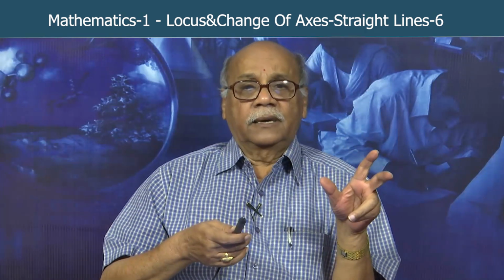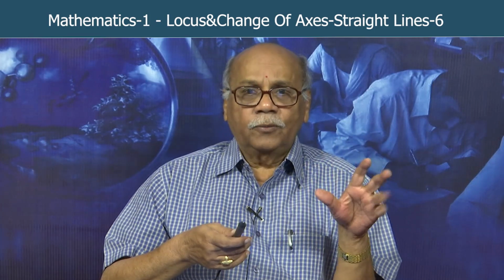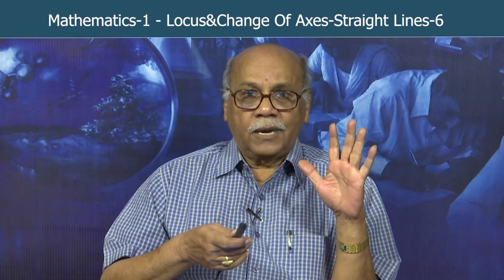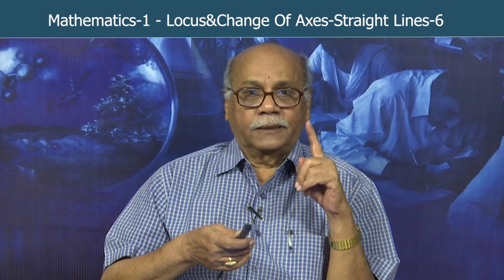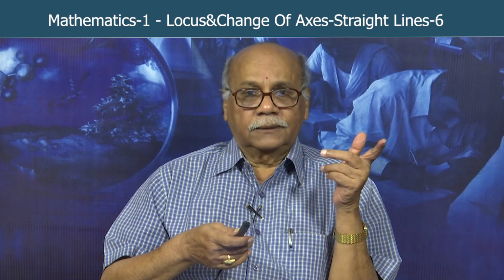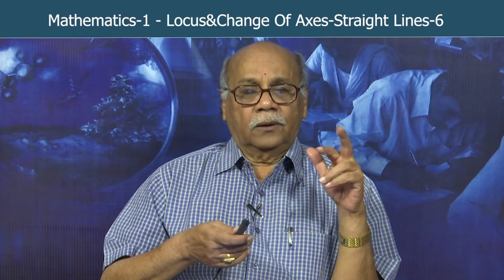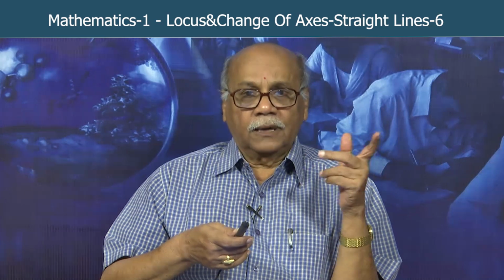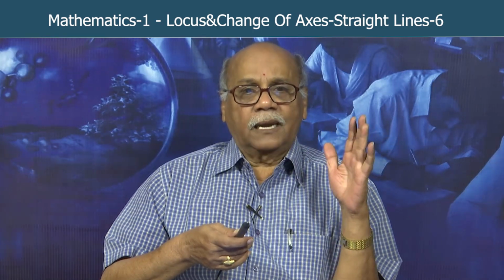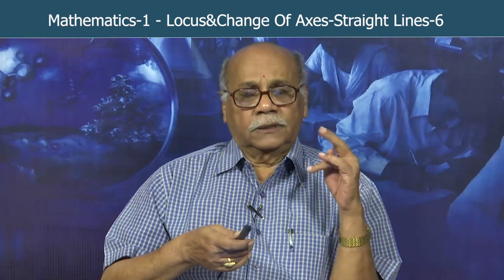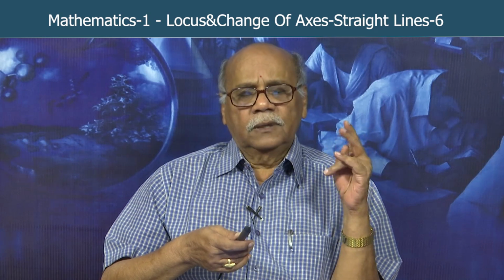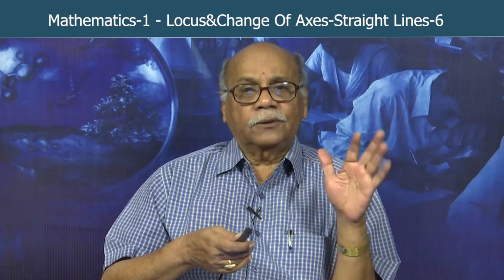The length will be the same and the area will be the same. So make it a point that transformation, changing the axes or rotation of axes and shifting of origin, never affects the measures of lengths of segments and areas of figures.